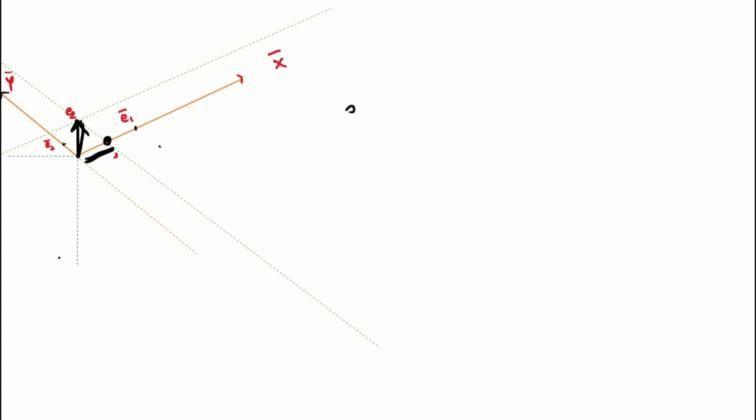So how much do you need to make E2? To make E2, we need 1/2 E1 bar. It is also a vector. Plus how much E2 bar do you need? So make a line from this point to the y bar axis, and the line has to be parallel to the x bar axis.